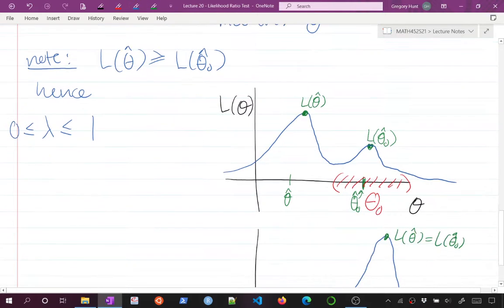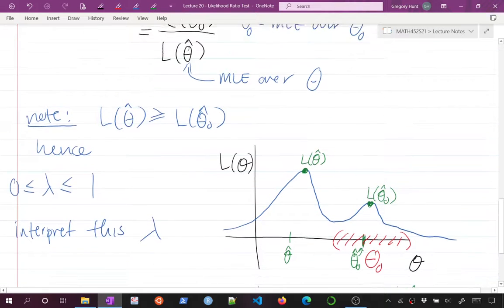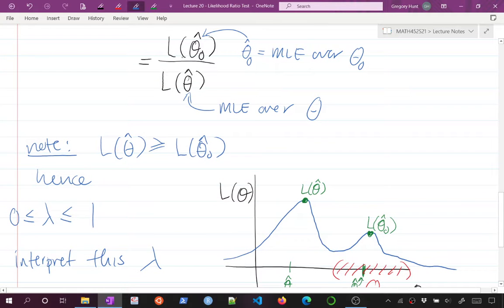And we can interpret this lambda as basically how likely, in comparison to if I were unrestricted to the whole space, it is that I'm in my null hypothesis.